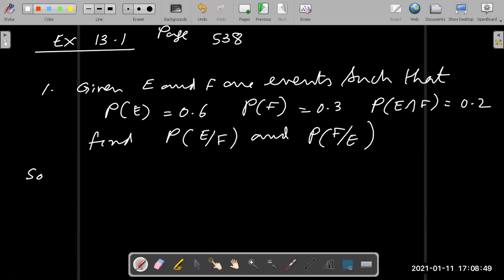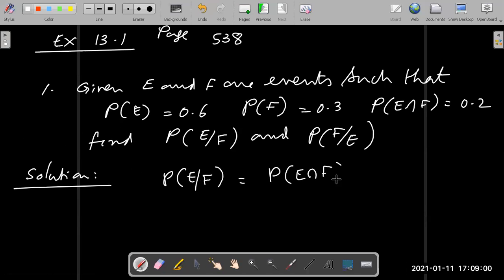So the solution is, we know the formula. Probability of E given F is nothing but probability of E intersection F divided by probability of F. So this is 0.2 divided by 0.3, which gives 2 by 3.